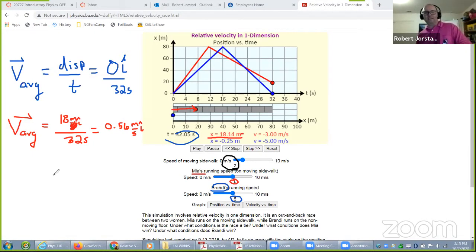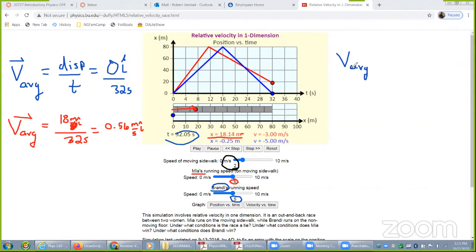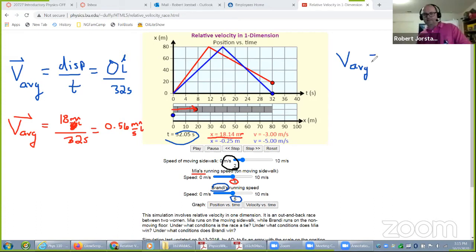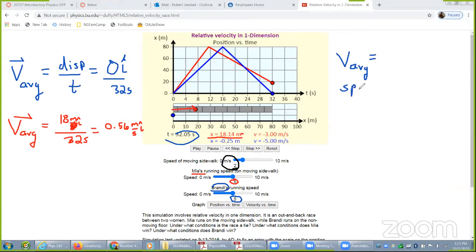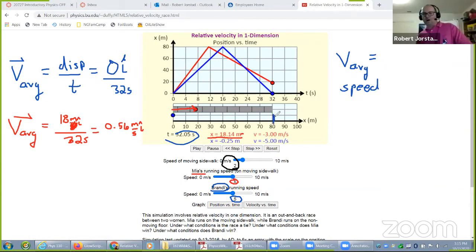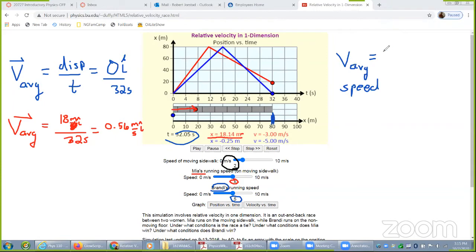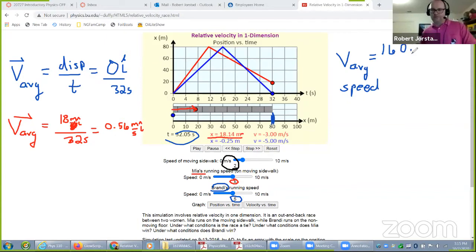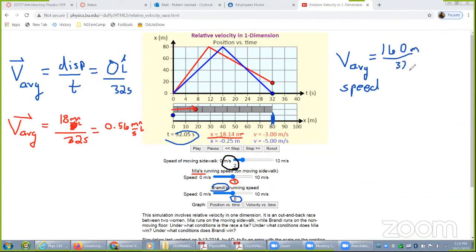All right. So how do you get the average speed? What's V average? Total distance divided by time. Yeah. So what's the total distance in this case? So for blue, it would be 200 meters. And then, careful, it only went to the end of the walkway and back. 160 meters. And then 160 meters over 32.